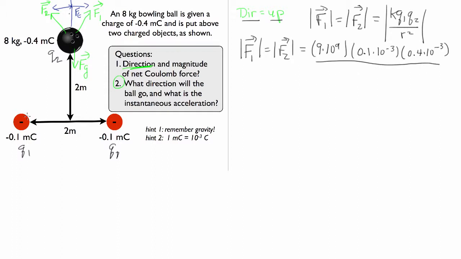Now we got to deal with that separation, so this is of distance 1 meter, and therefore this distance here is 1 squared plus 2 squared square root, which is the square root of 5. And so r squared here is just going to be 5.